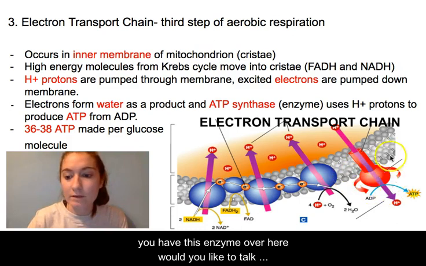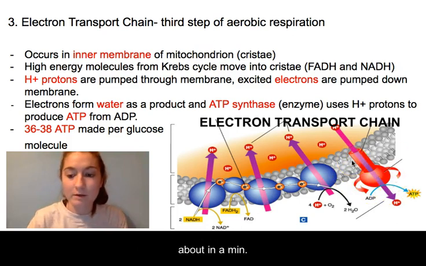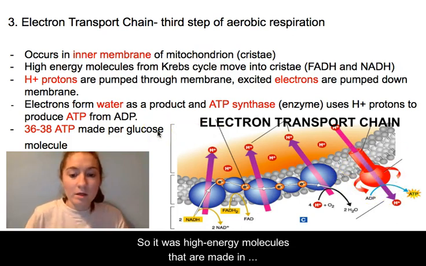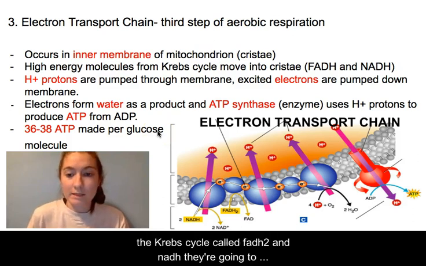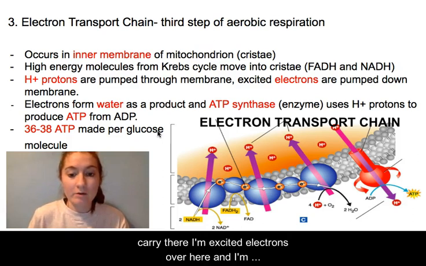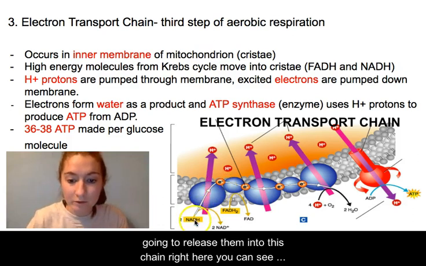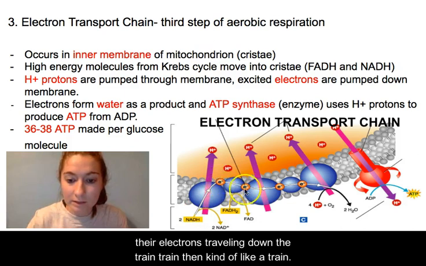And then you have this enzyme over here, which I'll talk about in a minute. So those high energy molecules that were made in the Krebs cycle, called FADH2 and NADH, are going to carry their excited electrons over here, and they're going to release them into this chain right here. You can see their electrons traveling down the chain then. It's kind of like a train.